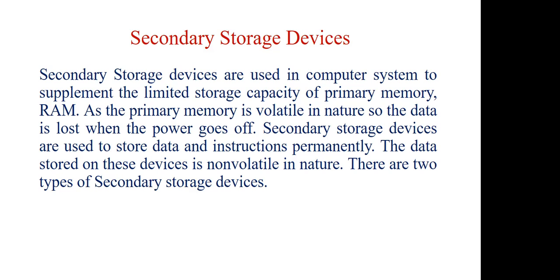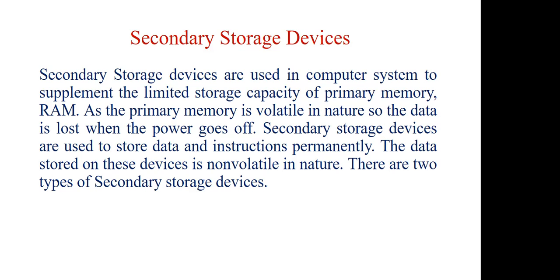To store this kind of data, which is very necessary these days and which we can use in the future, we need a kind of memory which can permanently store our data, because this was the limitation with primary memory, which is volatile.